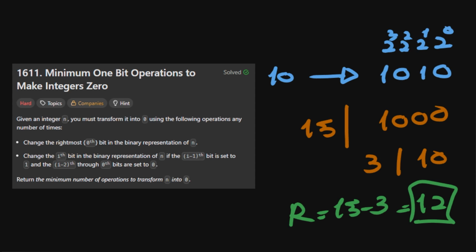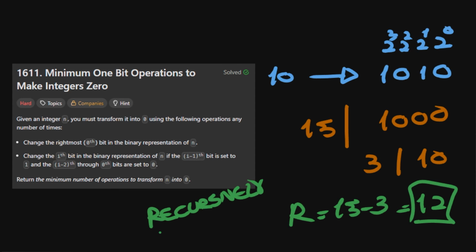So as you can see, we can solve this recursively. First, we get the result for the leftmost set bit, and then we recursively subtract the corresponding operations for the next set bits. In this case, we only subtract 3. I hope this is clear now, and with this in mind, let's go with the code.